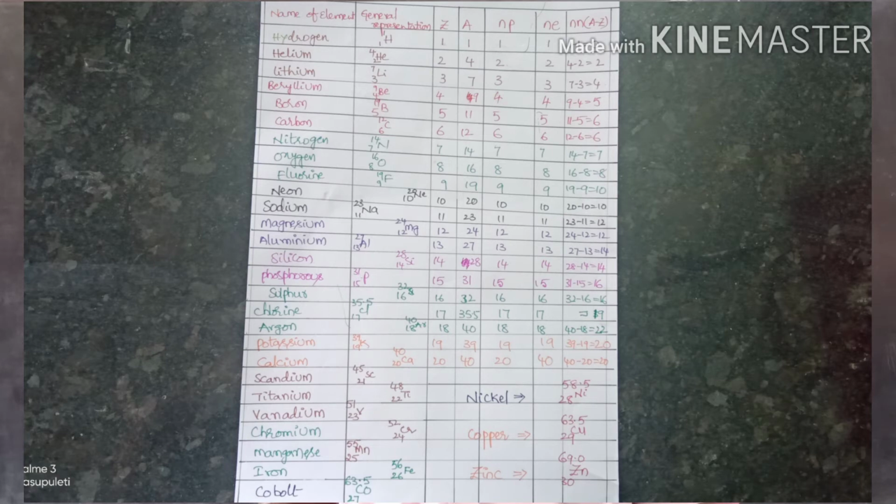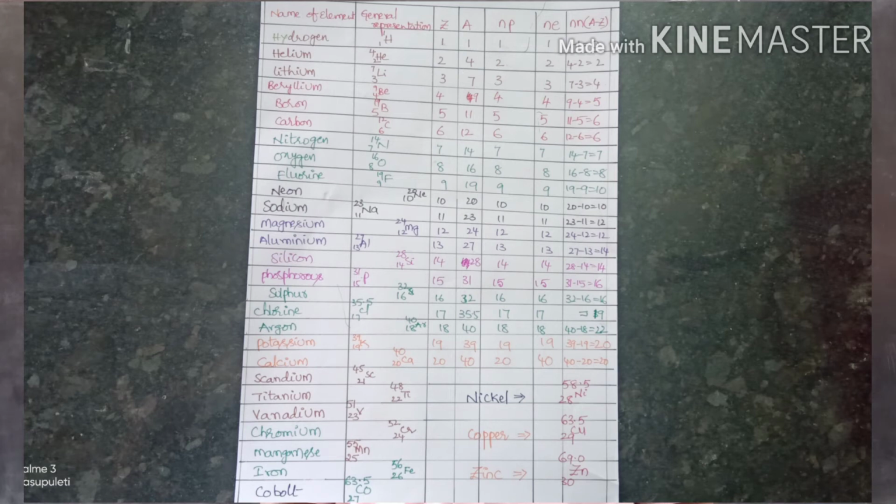Silicon 1428, atomic number is 14, mass number is 28. Phosphorus 1531, atomic number is 15, mass number is 31. Sulphur representation is S, atomic number 16, mass number is 32.